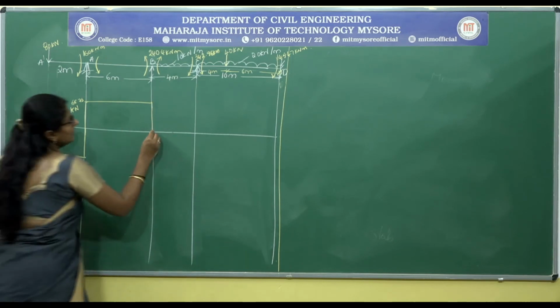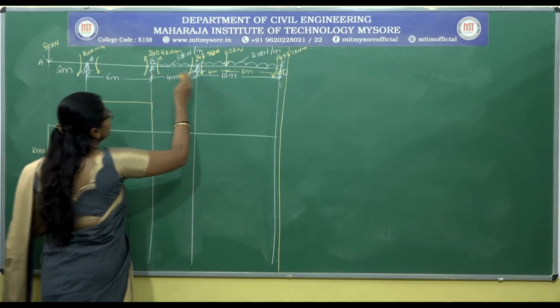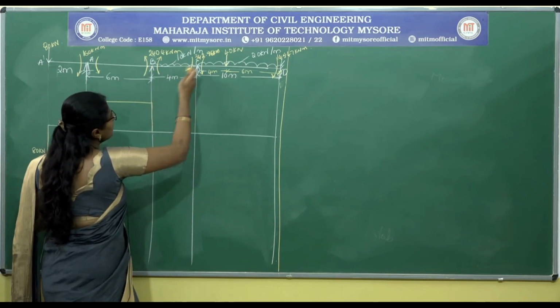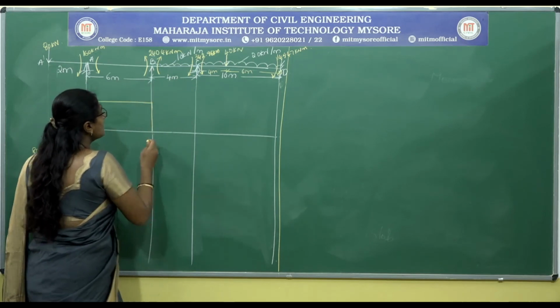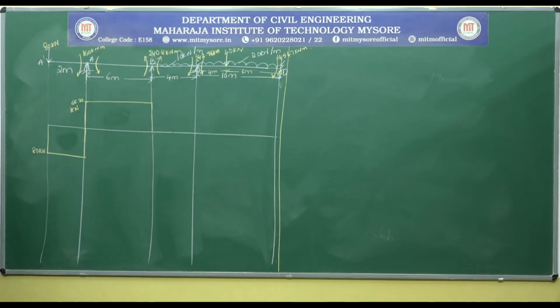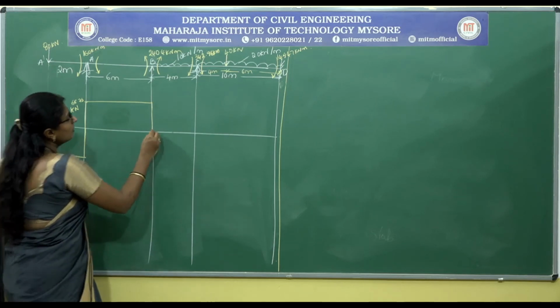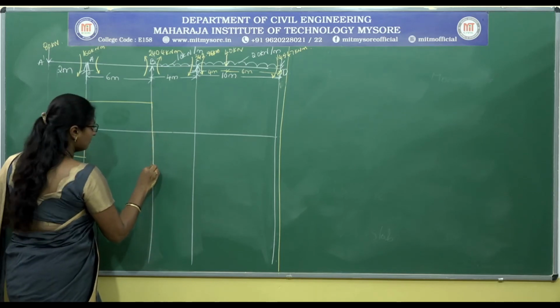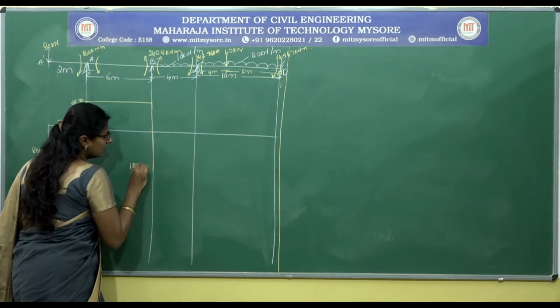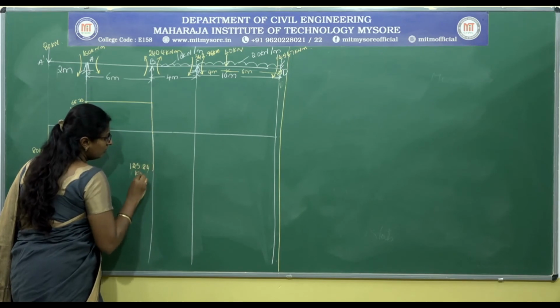So now next, for joint B, for span BC, reaction at BC, that is RBC, is given by minus 125.84. So minus 125.84. So we have to take below the neutral axis. So it comes somewhere here, that is 125.84 kilonewton.